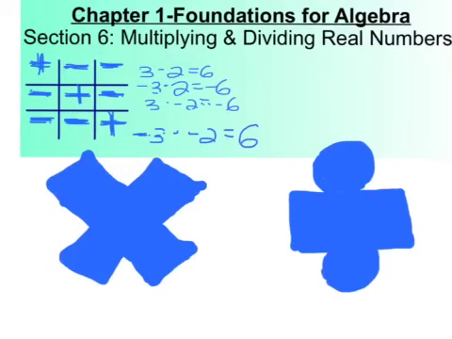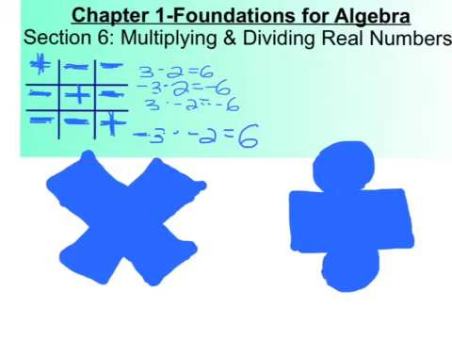So you can see here, same sign, positive, same sign, positive. Even though they're both negative, if they're the same sign, then it's positive. If they're different signs, a positive and a negative, then the answer will be negative.